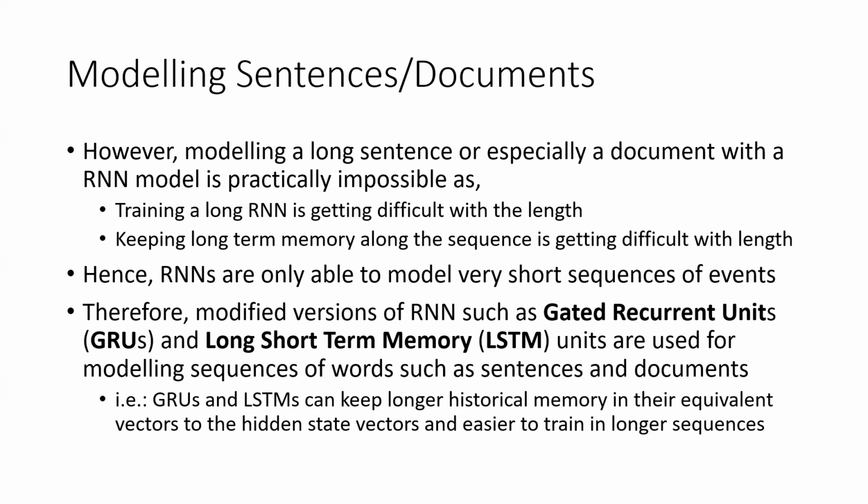So a long history would not be preserved in the hidden state as we wish. So if we want to model a long sentence or a long document, that would not be possible with RNNs, right?